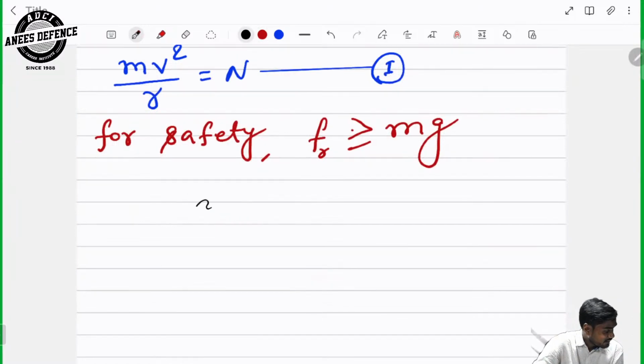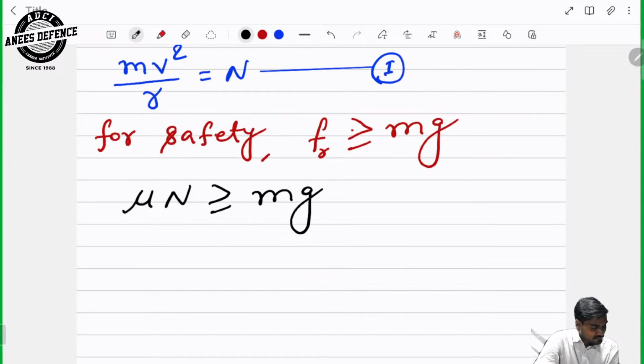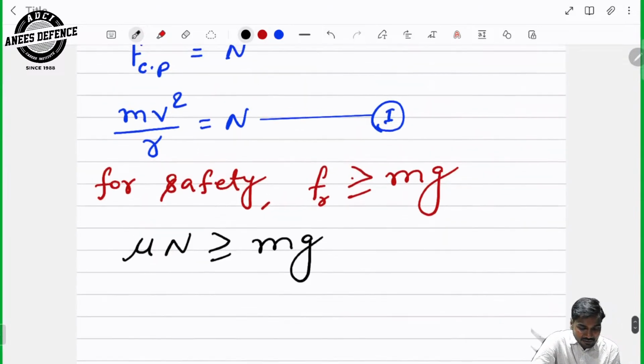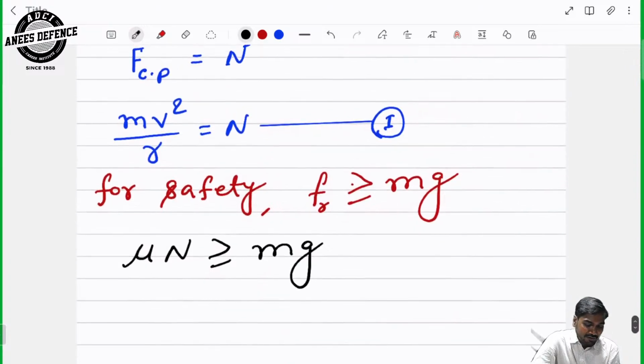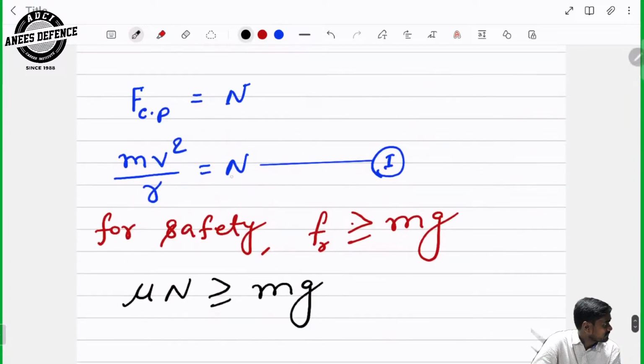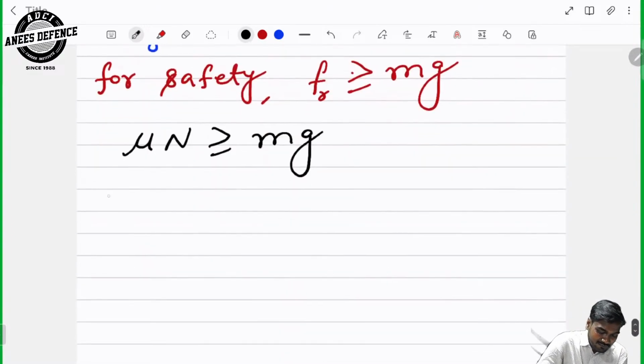Already we have learned mu into N. So mu into N is not equal to, but greater than or equal to mg. Yes or no? Write down the value of N. N is nothing but m v square upon r, from equation 1.